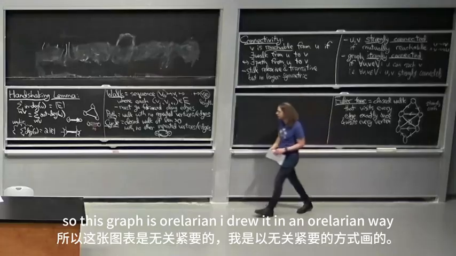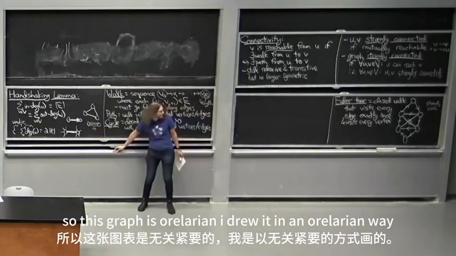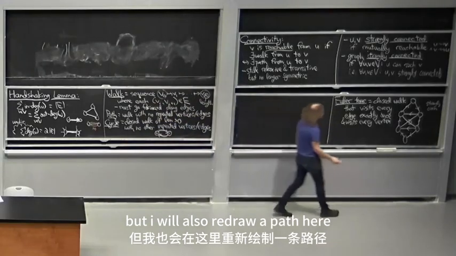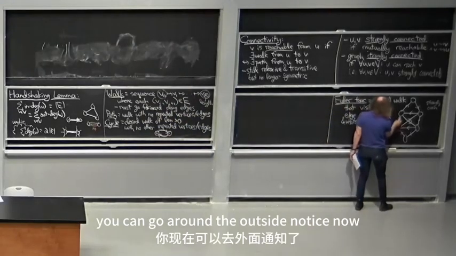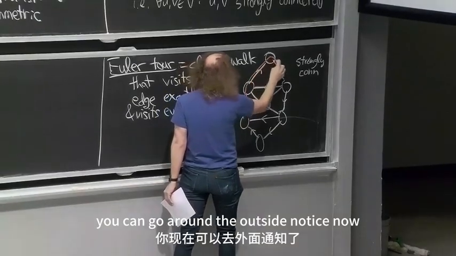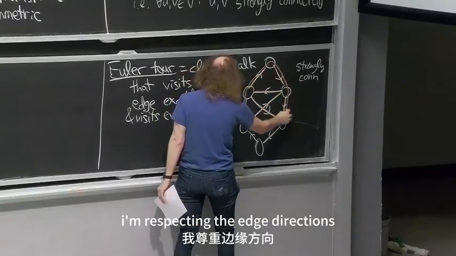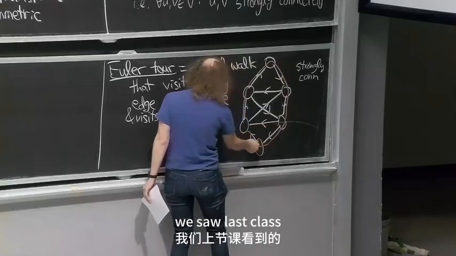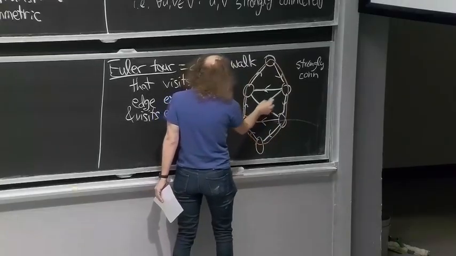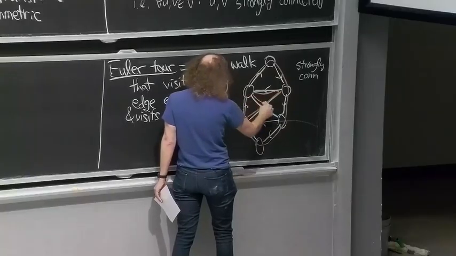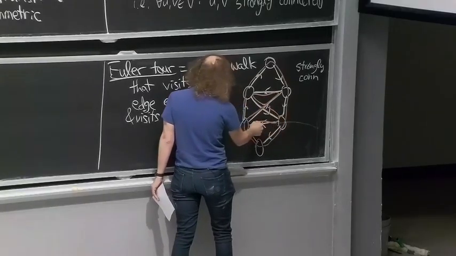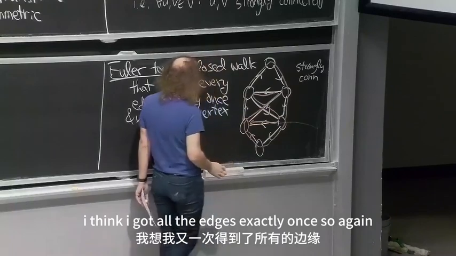So this graph is Eulerian. I drew it in an Eulerian way, but I will also redraw a path here. You can go around the outside. Notice now I'm respecting the edge directions. That's a little different from the example we saw last class. I think I got all the edges exactly once.